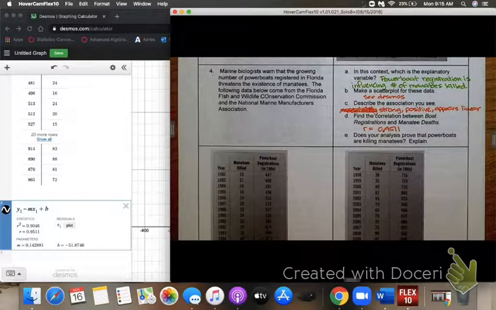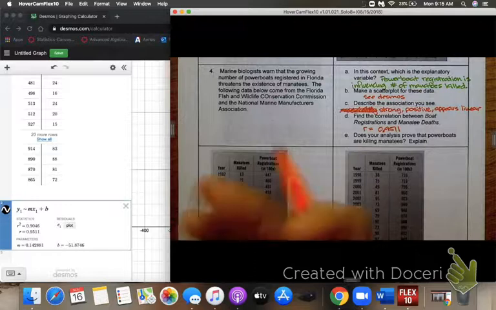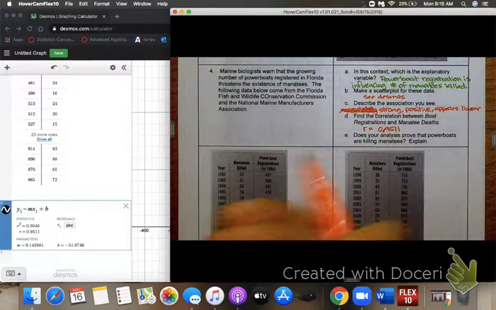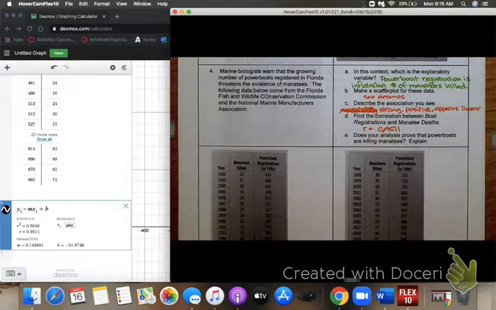Maybe powerboat registration going up is polluting the water more, and that's what's killing manatees. Or maybe manatees are having injuries from powerboats and then they're dying, but we can't actually prove it. It's not saying that it's causing it, but it's looking that way.